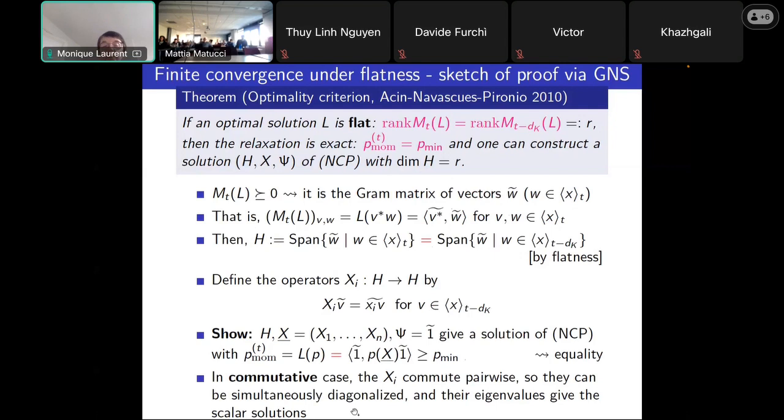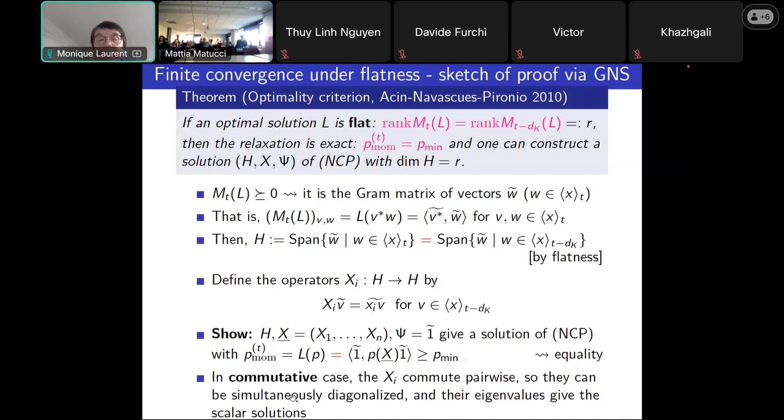And a nice thing to mention now is that we can also do this in the commutative case, in fact. The commutative case can be seen as a non-commutative polynomial optimization problem, where you would add the constraints that xi xj is equal to xj xi for all variables. So it's a special instance of a non-commutative optimization problem. And then if you do this construction here, you see that these matrices xi, which I've constructed here, actually pairwise commute because of the extra commuting constraints that we are now adding.